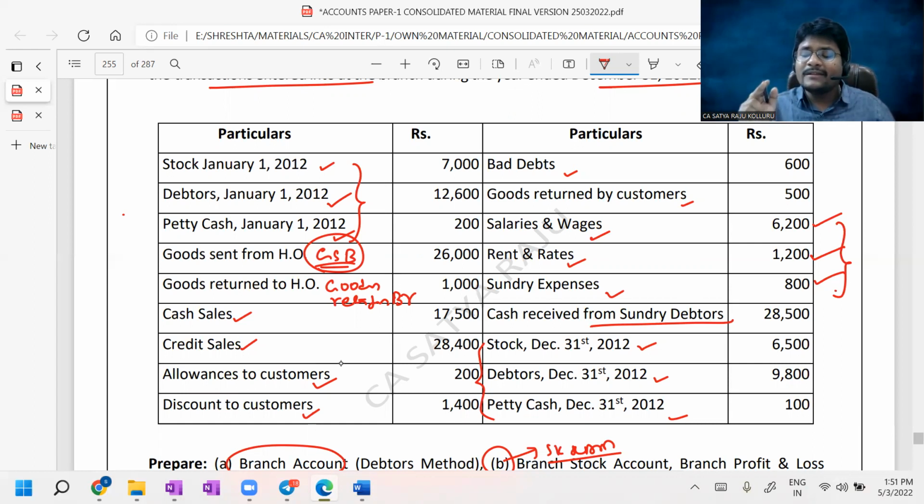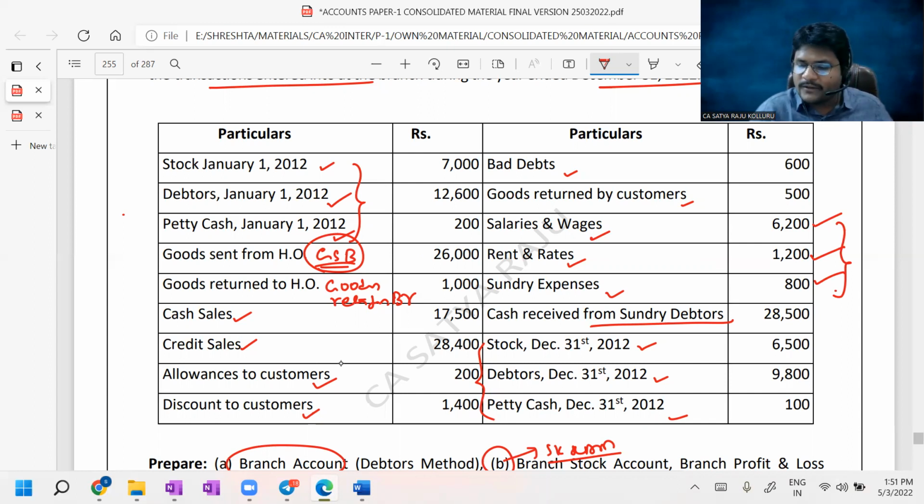Even though head office did not really send this cash to the branch, this cash is ultimately utilized for the purpose of payment of the branch expenses. Or we can assume in this way, if head office sent that cash to the branch, then branch could meet such expenses. Am I right or wrong? How much is that amount? 6,200 plus 1,200 plus 800.